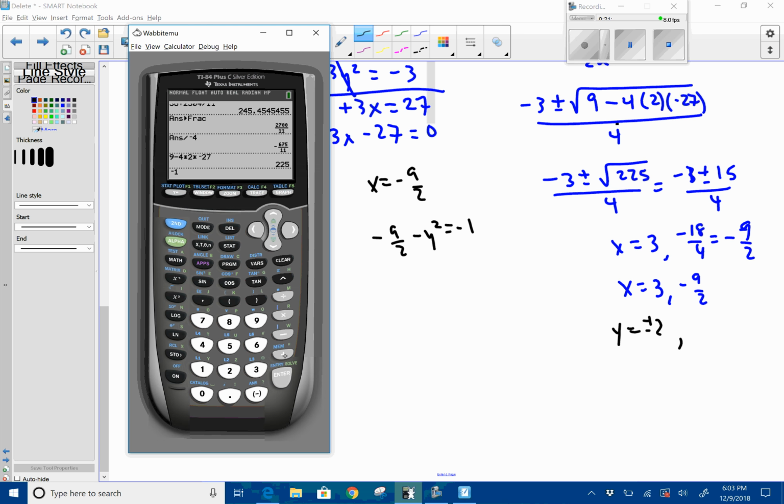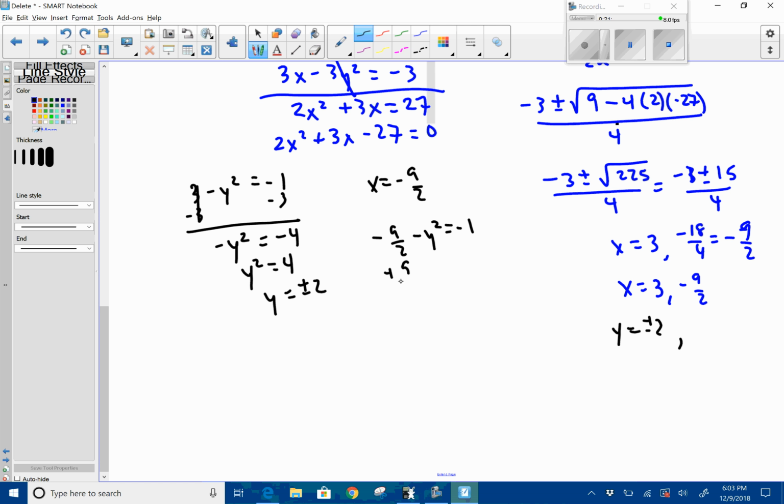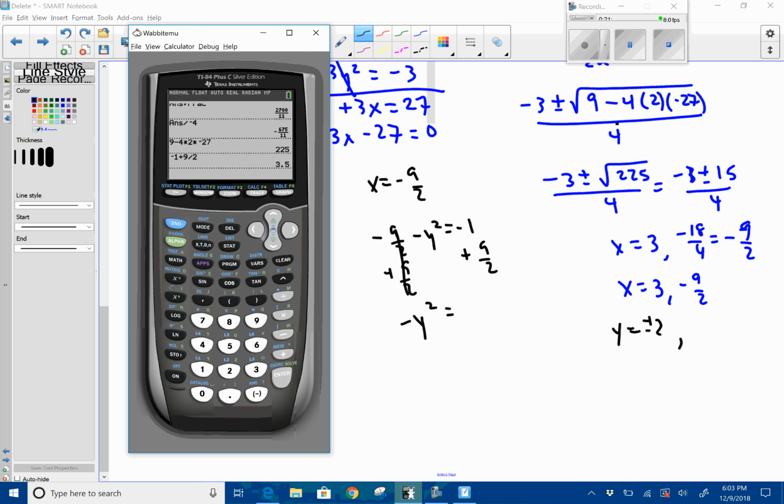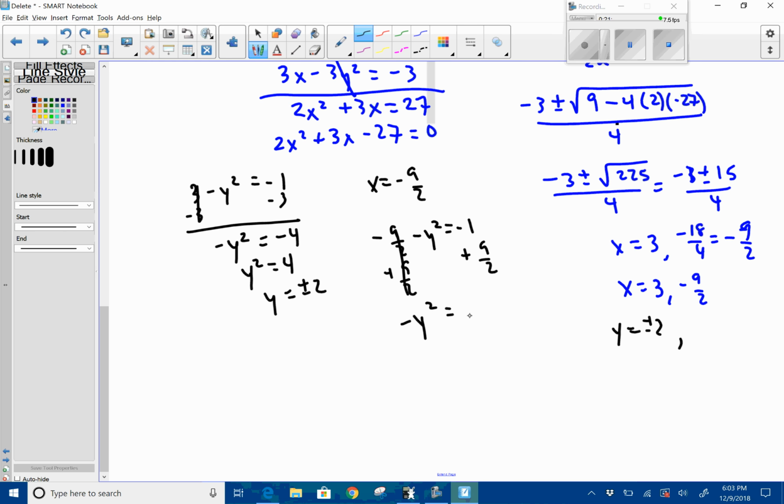So I'm going to have negative 1 plus 9 divided by 2. I get 3.5. Add 9 halves, add 9 halves. That cancels out. So negative y squared is equal to, what did I say? 3.5. Divide both sides by negative 1. So I get y squared is equal to negative 3.5.